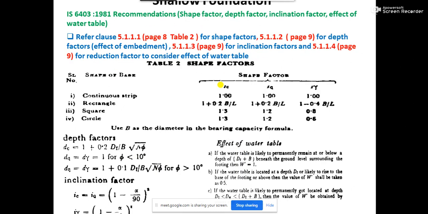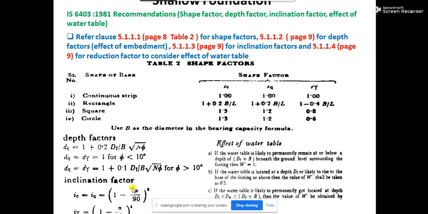Only thing you need to remember is that the value of ic is given as equal to iq, and that is given as 1 minus alpha by 90 degree.